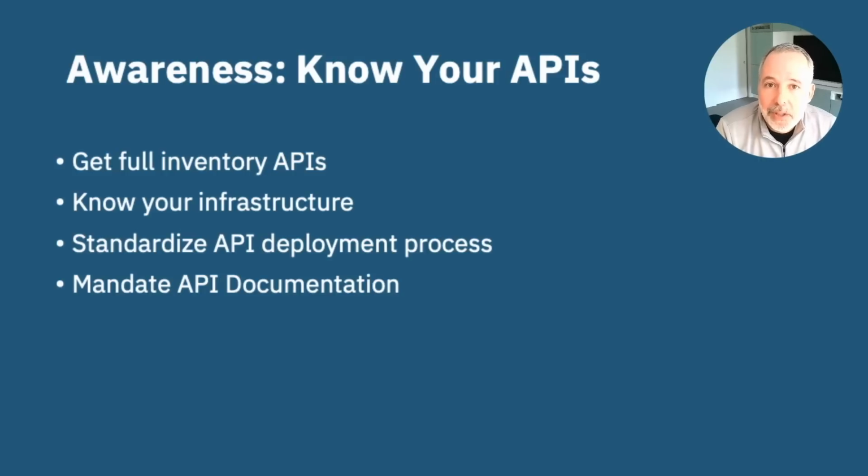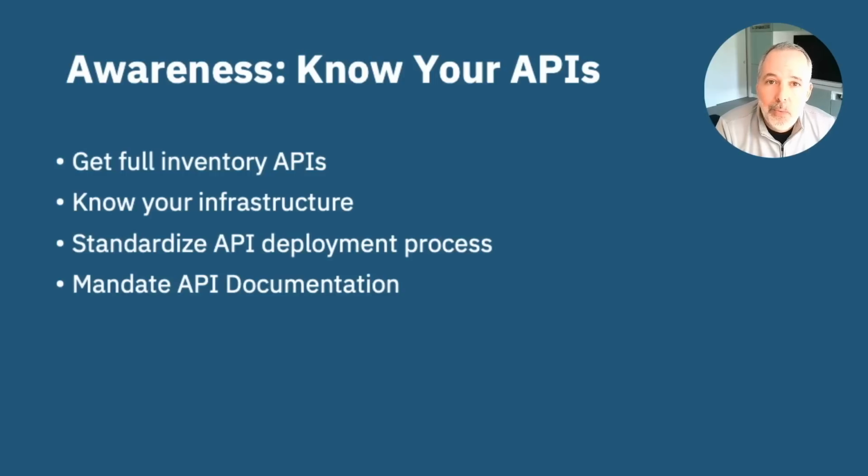Now, the best way to enforce this is through the use of an API gateway. So you have a central control point where all APIs are being managed and that they're going through proper validation steps. And we have to make documentation mandatory. The whole point of having APIs is so that other consumers can use them, whether they're other developers inside our organization or external parties. This documentation is what allows them to know what your API does and how I can use this. But this documentation is also critical for security.